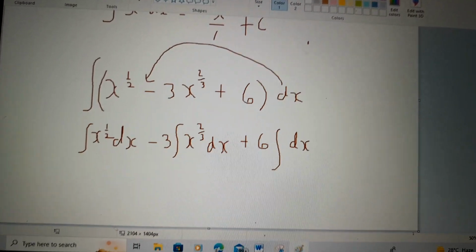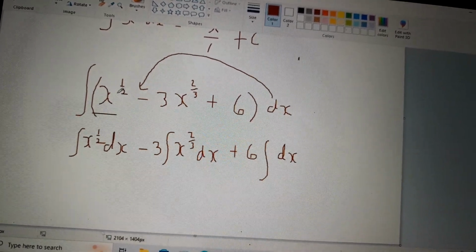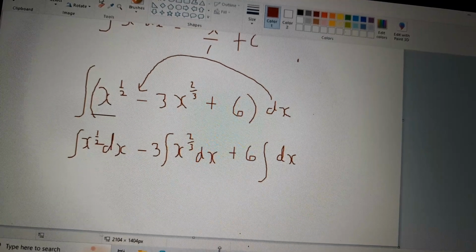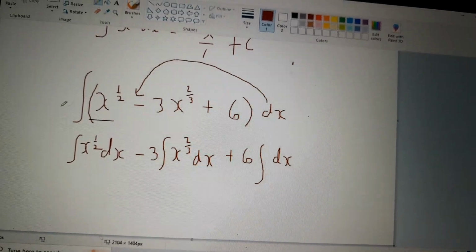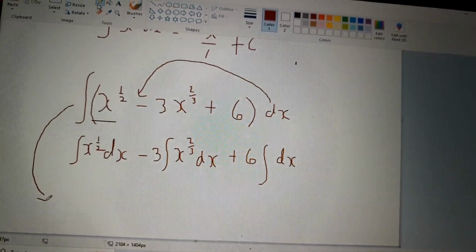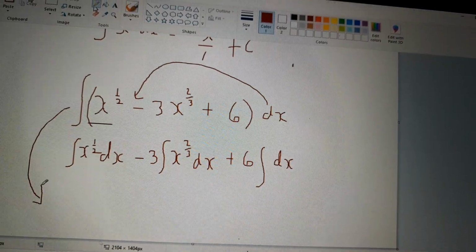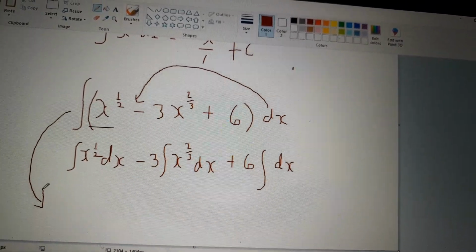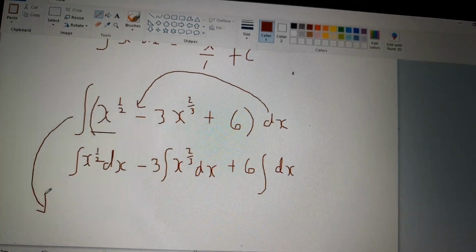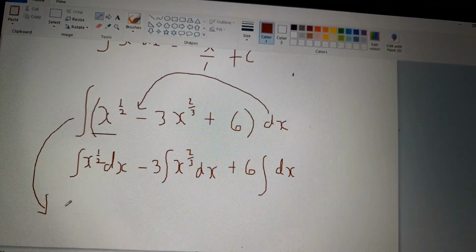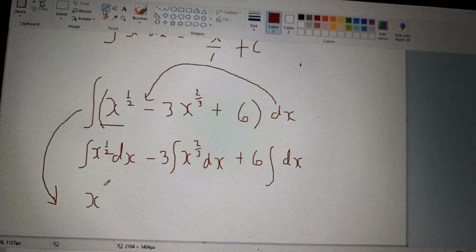So let's start with the first one here. X to the half power. We add 1 to the power. When we add 1 to half, what is our answer? So 3/2. 3/2, right? 1.5, which is 3/2. So my answer here would be x to the 3/2.